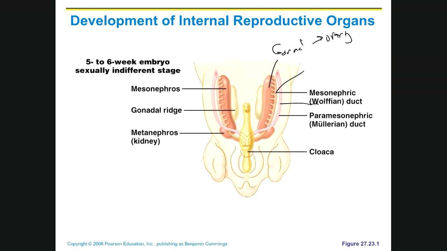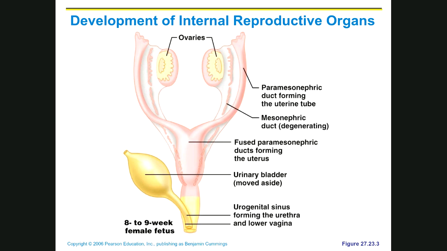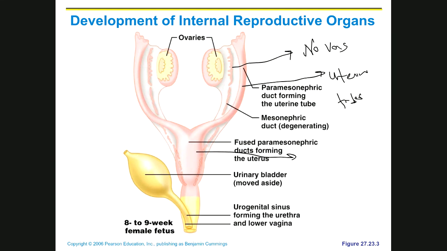And without testosterone, look, these tubes degenerate. And so there's no vas deferens that's going to grow. These tubes continue to grow, and they're going to be the uterine tubes. The uterine tubes at the bottom form a single fused tube, and that's going to become the uterus.